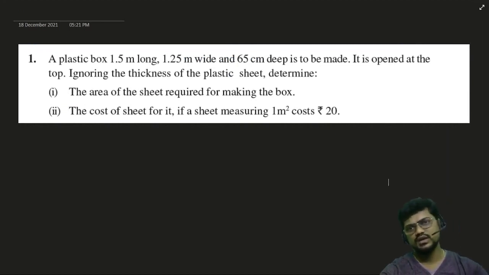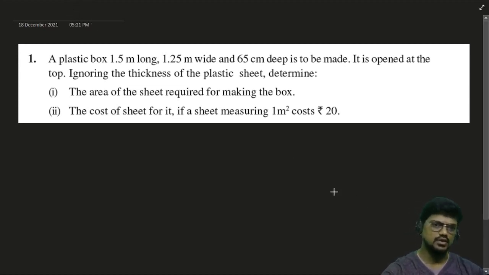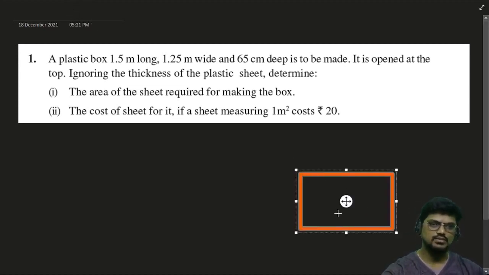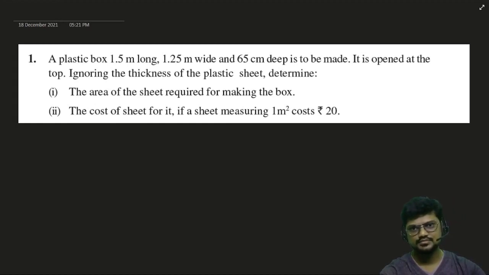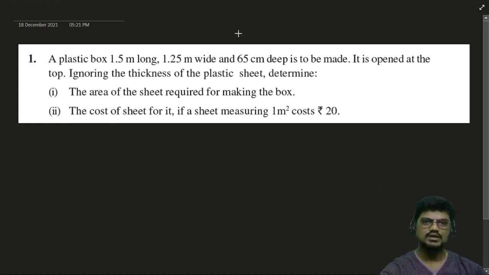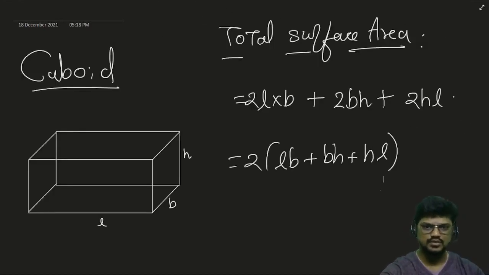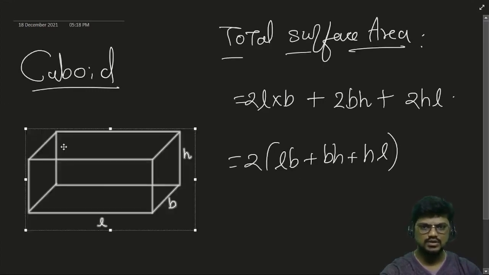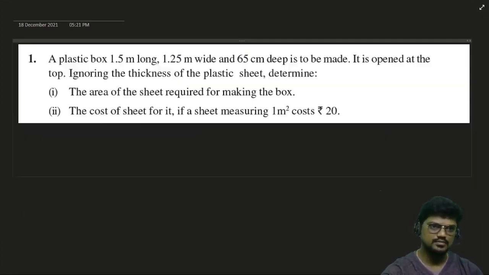Now, what they are saying, you have to make a plastic box which is 1.5 meter long. If I have to make a plastic box, the box is like this. It's like a cuboid only, like the previous cuboid. You can take this as a cuboid. This box only you have to make.